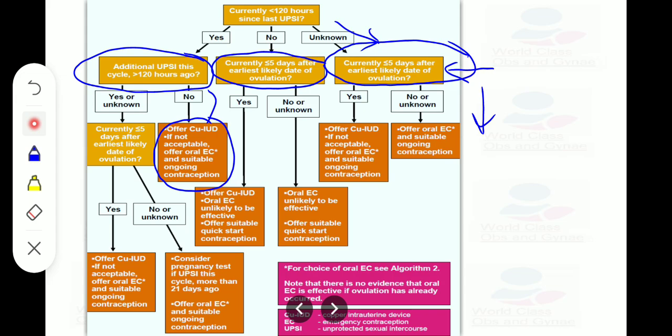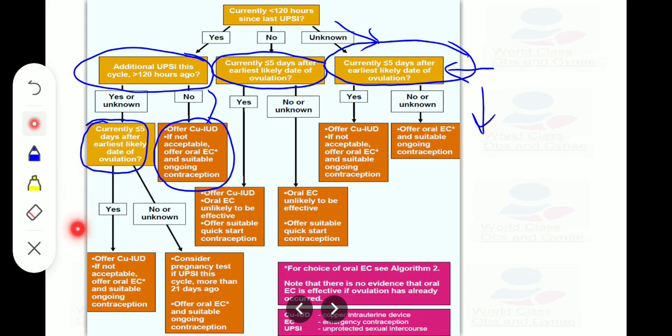Okay, but let us go back. If the patient is currently less than 120 hours since the last unprotected sexual intercourse, but she had additional unprotected sexual intercourse in this cycle more than 120 hours ago, if that is yes or unknown, we check her likely ovulation date. If she is less than 5 days after the earliest likely date of ovulation, we have to offer a copper IUCD.